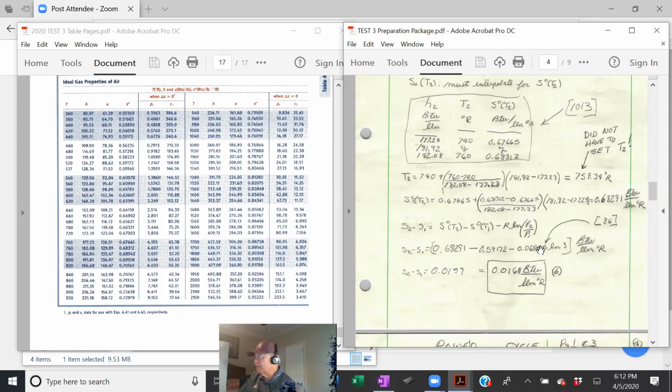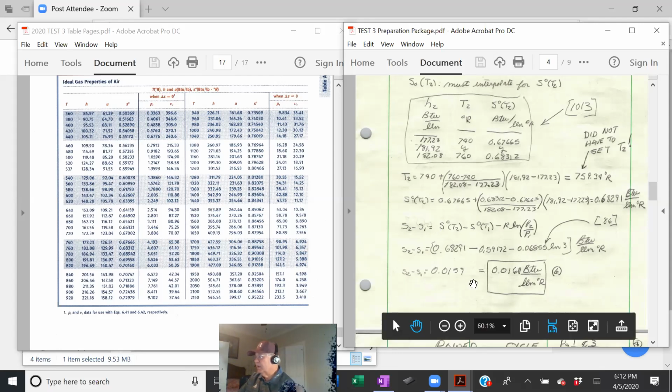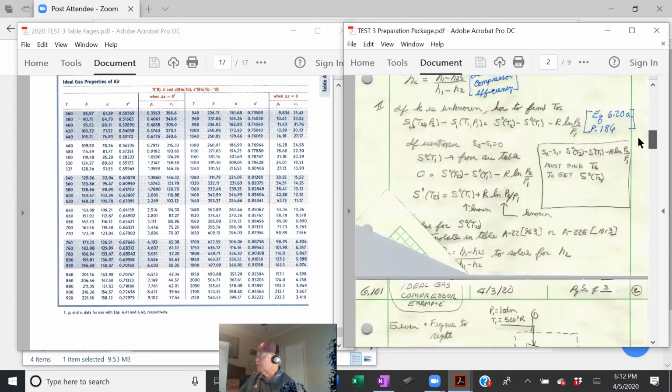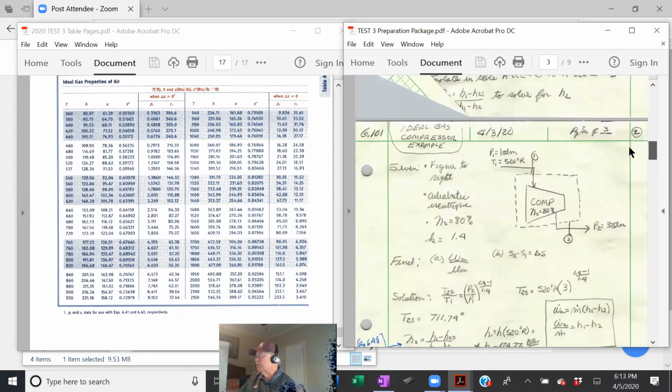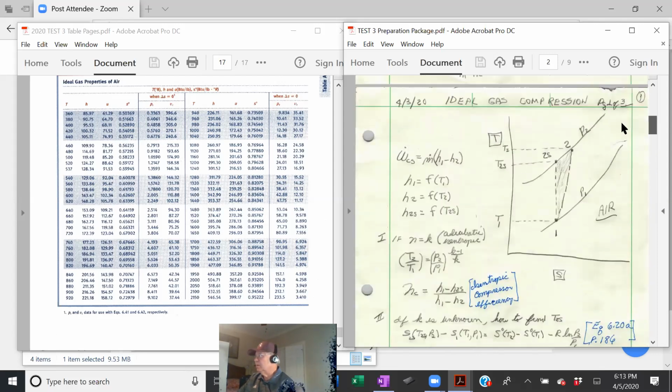I go through the calculations and I get S2 minus S1 is 0.159, and I think there was another digit. I rounded to 0.160 BTUs per pound degree R. And it better be a plus. If I get a minus here, then I know I've gotten something wrong, because clearly from even our sketch, we see that entropy increases. S2 is on the right side, and so the entropy goes out this way. All right.